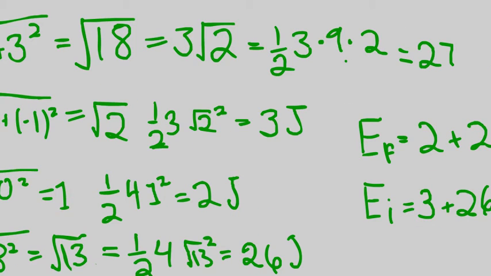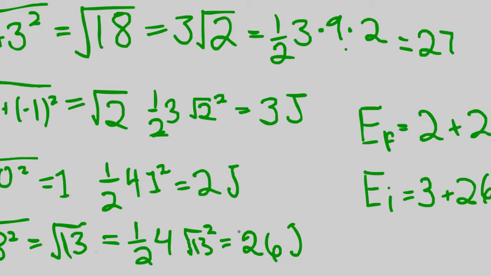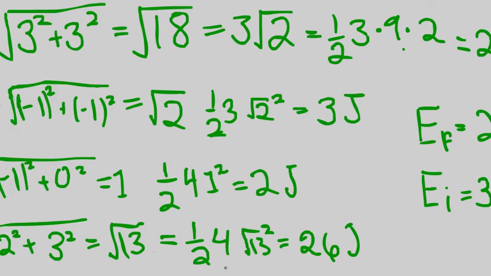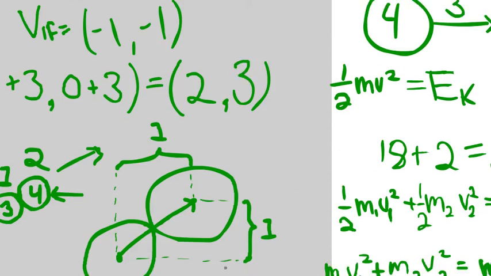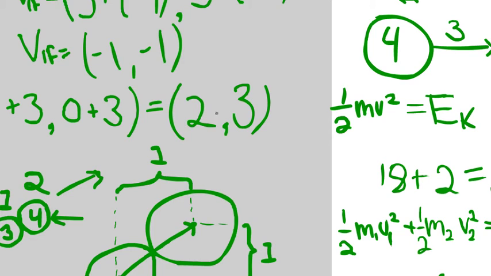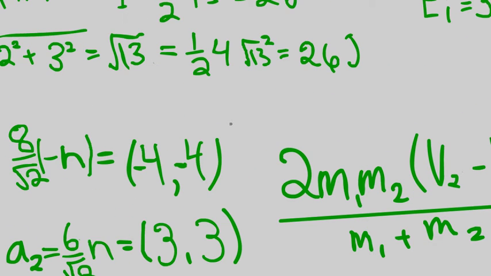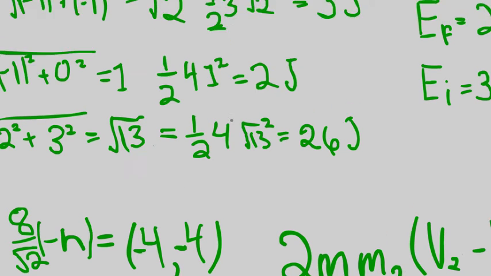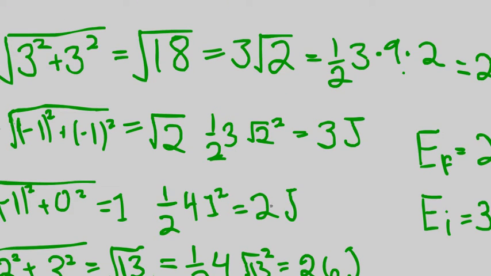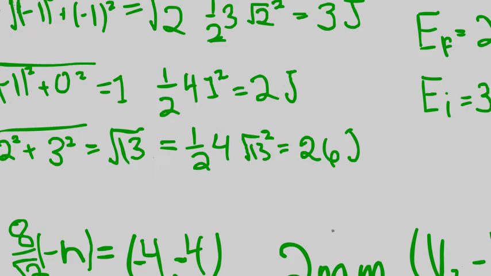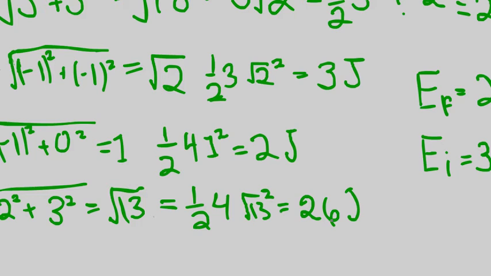That adds up to 29 joules. So the 29 joules were before, and if you use these new velocities afterwards, the 2 and 3 and -1 and -1, and you do the exact same thing and calculate the energy, instead of getting 2 and 27, you would get 3 and 26. That's interesting how it transferred exactly 1 joule to the other object.